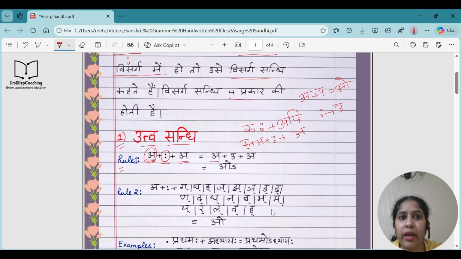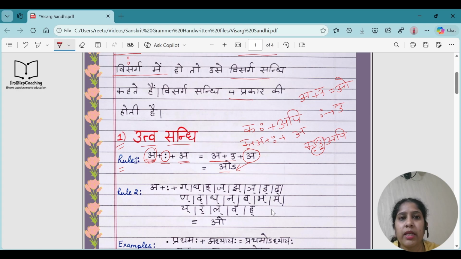Chota o. Correct? I told you visarg becomes u. So now if you have this ka, and then the visarg is becoming u, and then you have api. This is a and this is u. Together a and u will make o ki matra. So a plus u becomes o, and after that, whatever a is there is written as avagraha.